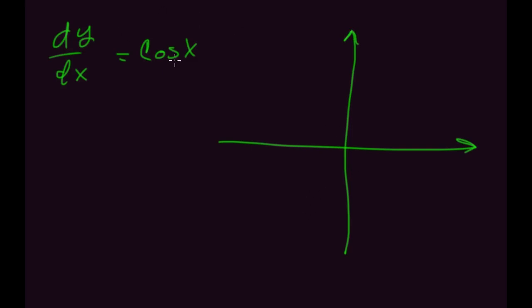The one thing to note here is that this is a trig function, so instead of going by ones, let's on the x-axis go like pi over 2, pi, 3 pi over 2, 2 pi. Coming back the other way, let's make it negative pi over 2, negative pi, negative 3 pi over 2, negative 2 pi.